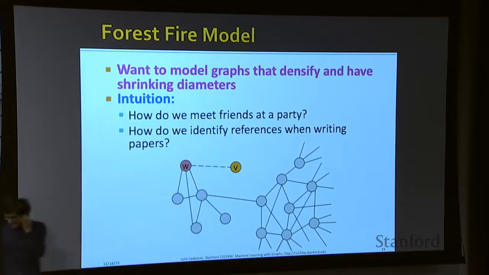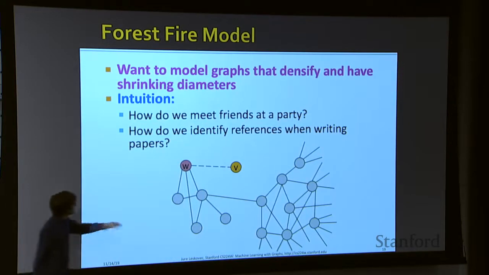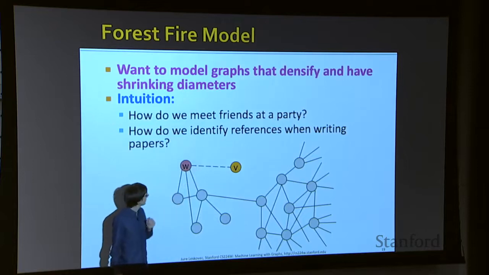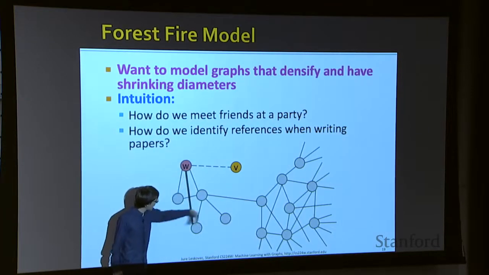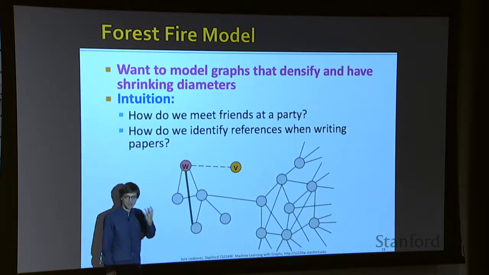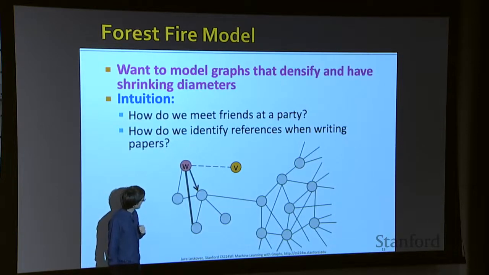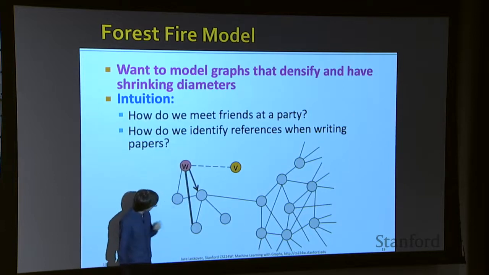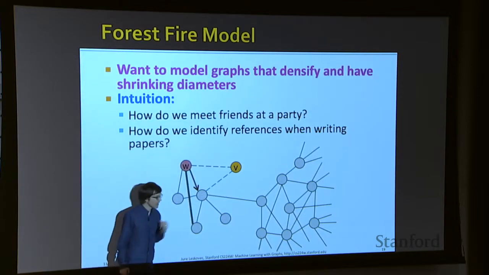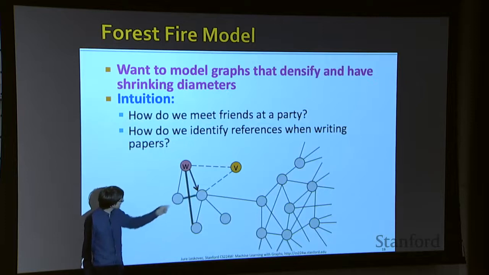Okay, so the idea will be that now that we have selected the ambassador and linked to the node, we will decide which of the neighbors of W get the fire. Maybe here the fire does not spread, but here we decide to spread it. So we will connect to this node as well.